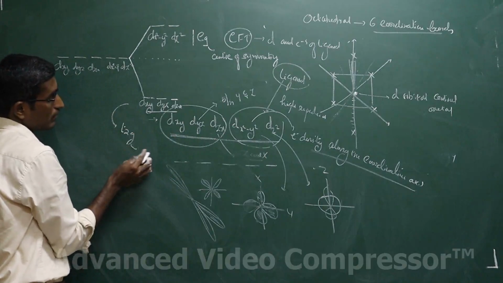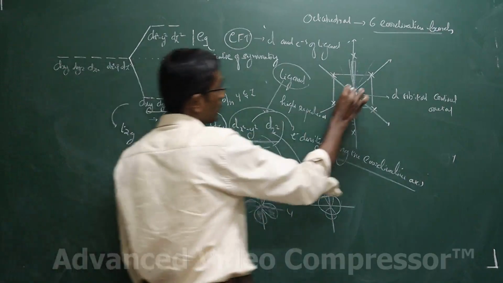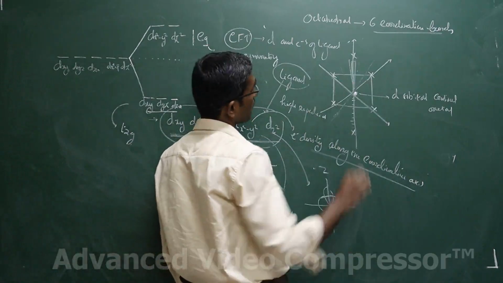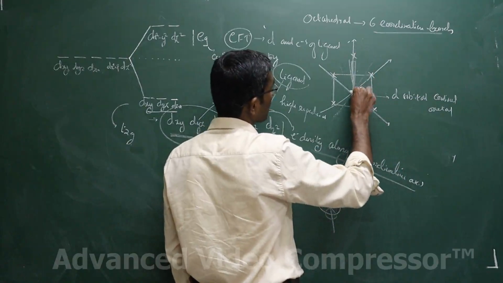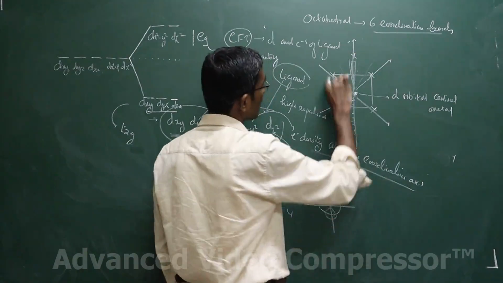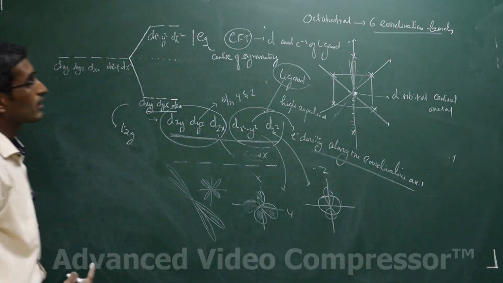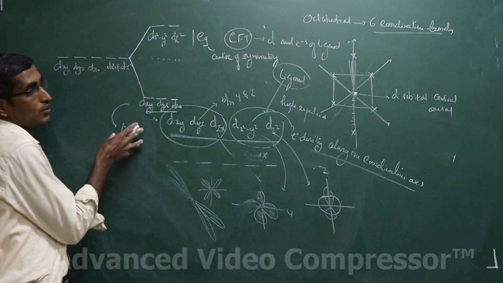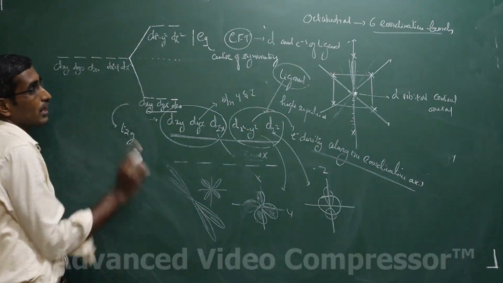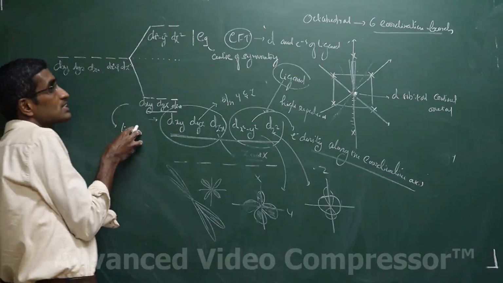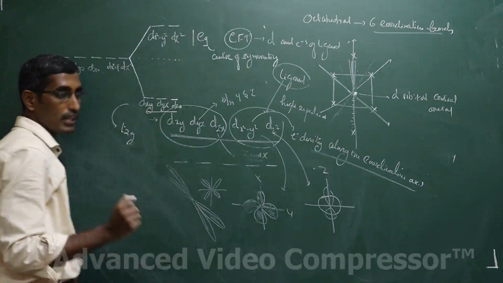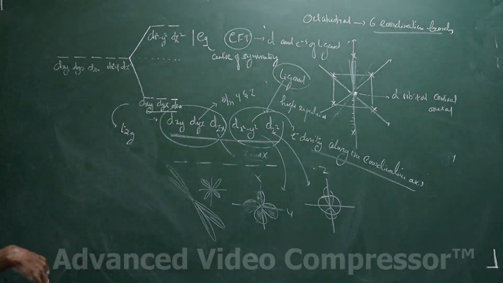Again, G indicates the center of symmetry, because you can go any side in the octahedral complex and you will encounter the same species at the same distance. That is why you have a center of symmetry for the octahedral complex. Whereas the tetrahedral complex doesn't have one, that is the reason we omit G.